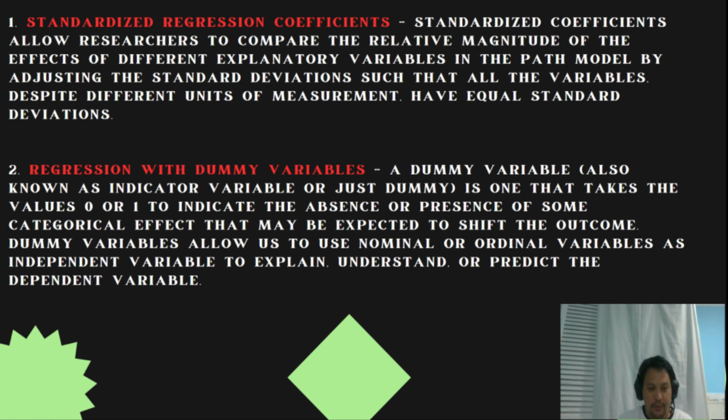And number two, regression with dummy variables. A dummy variable, also known as an indicator variable or just dummy, is one that takes the values 0 or 1 to indicate the absence or presence of some categorical effect that may be expected to shift the outcome.